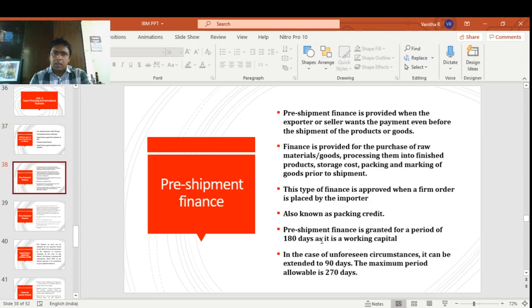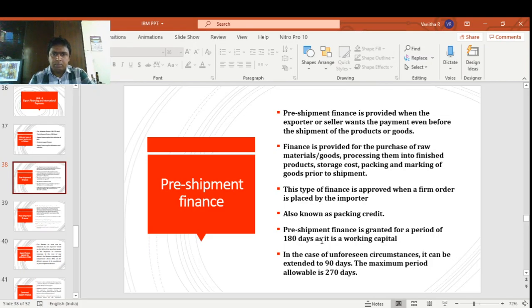Starting with the pre-shipment finance, which is provided when the exporter or seller wants the payment even before the shipment of the products or goods, the finance is provided for the purchase of raw materials or goods, processing them into finished products, the storage expenses, and the packaging and marking of goods prior to the shipment.